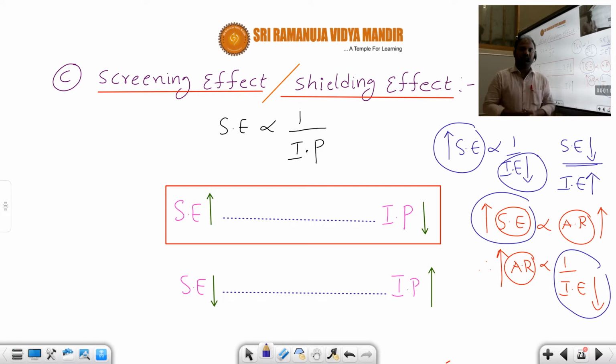We can understand very easily that the electron is tightly bound due to the greater attraction. When the electron is tightly bound, removing it from the valence shell is difficult. That's why we must supply a large quantity of energy to remove that electron.